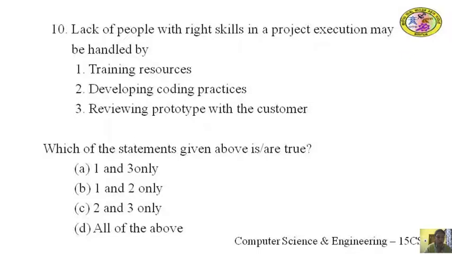Option A, 1 and 3 only. Option B, 1 and 2 only. Option C, 2 and 3 only. Option D, all of the above. So what is the correct answer here?